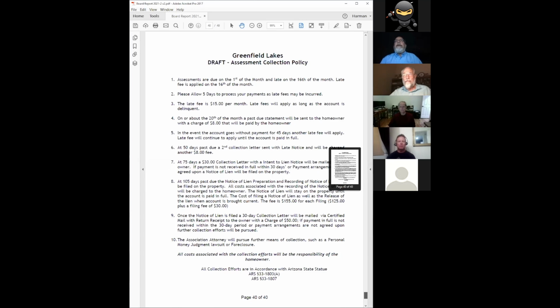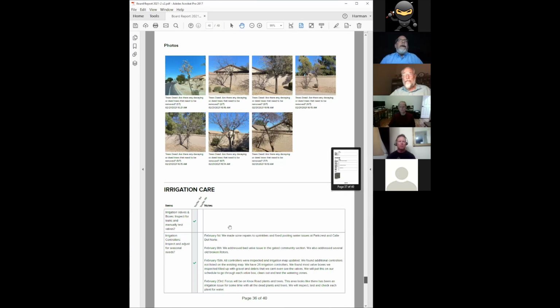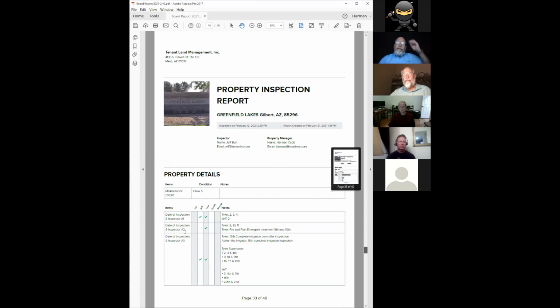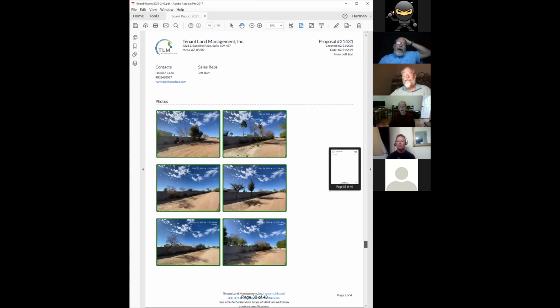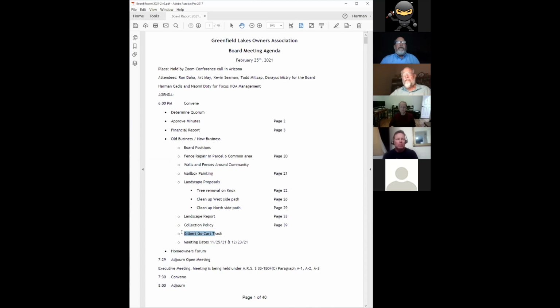All right, so what else did we have here? Quorum. So we had a go-kart track. A homeowner sent us an email. This is for informational purposes for the board and for any homeowners on our call. Apparently, the town of Gilbert is entertaining a proposal to put a go-kart track on the west side of Greenfield Lakes Road, down where it turns near the park.